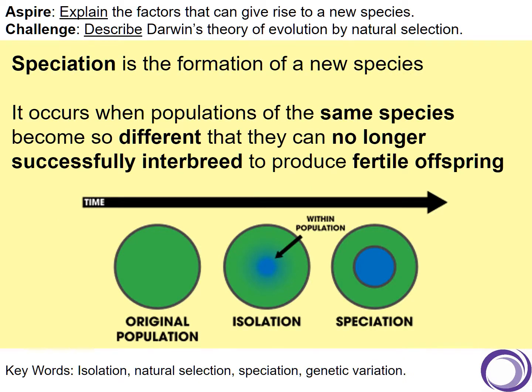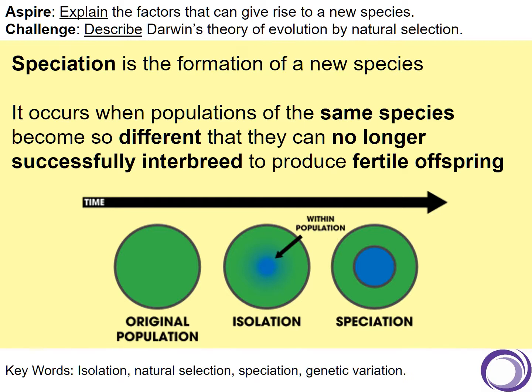So, speciation is the formation of a new species. It occurs when populations of the same species become so different that they can no longer successfully interbreed to produce fertile offspring. But how does it happen? Well, the original population can become isolated, so one group of the population can become isolated from another.